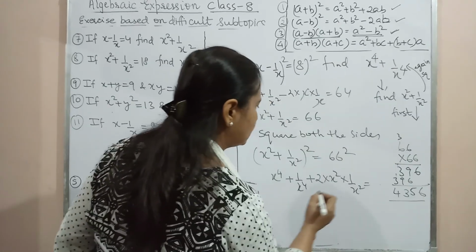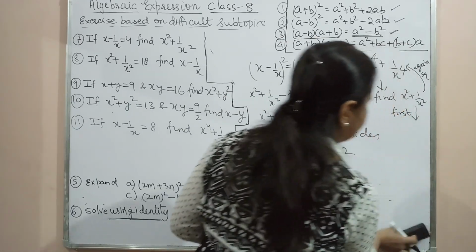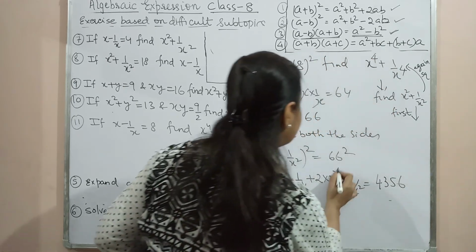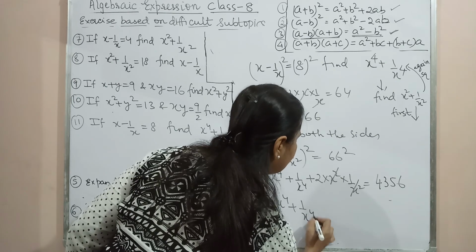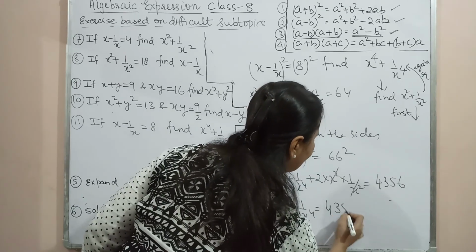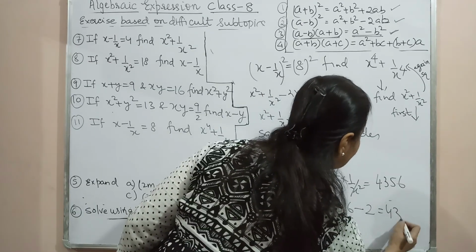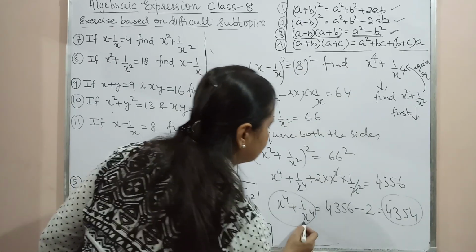This is your calculation, that is 4356. This and this cancel. That means x to the power 4 plus 1 upon x to the power 4 is 4356 minus 2, and this will be 4354. So this is your answer for this.